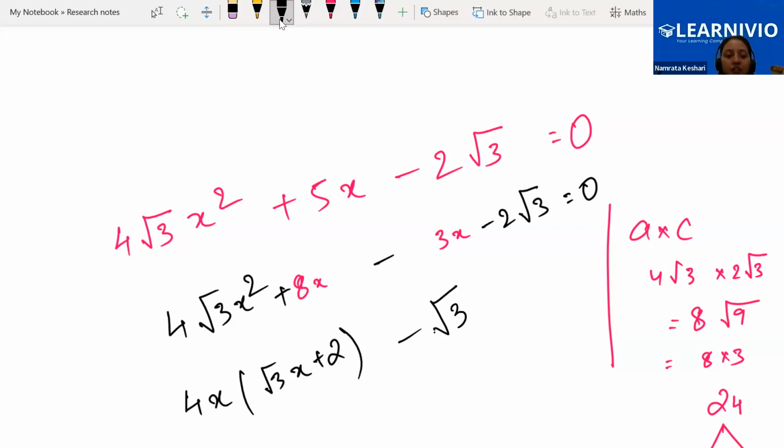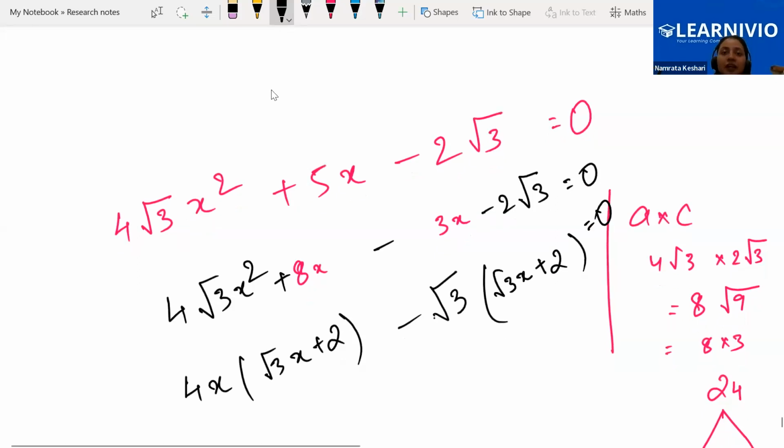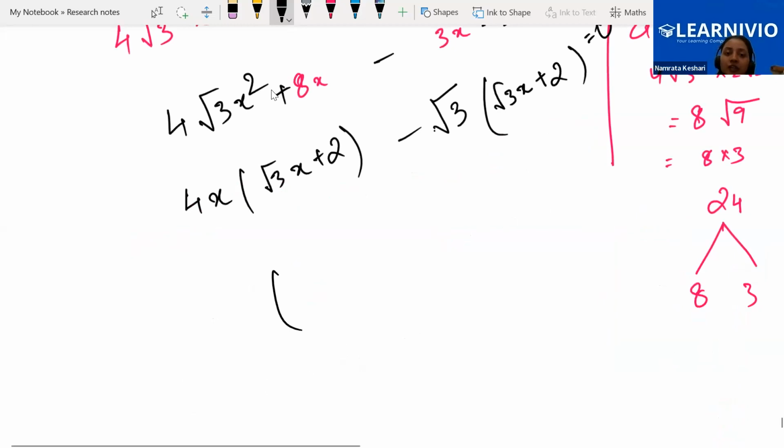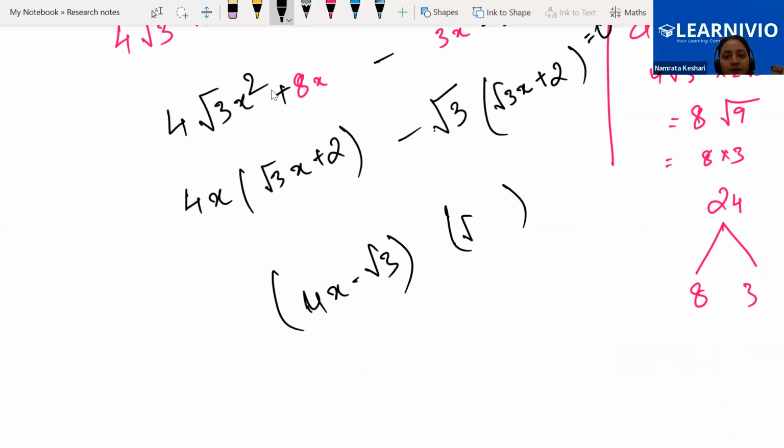Plus root 3 or minus root 3? It's minus root 3, because when you multiply we have to get that term minus. So we'll be left with root 3x plus 2. Now in one bracket we'll have 4x minus root 3, and in the other bracket root 3x plus 2, perfect.